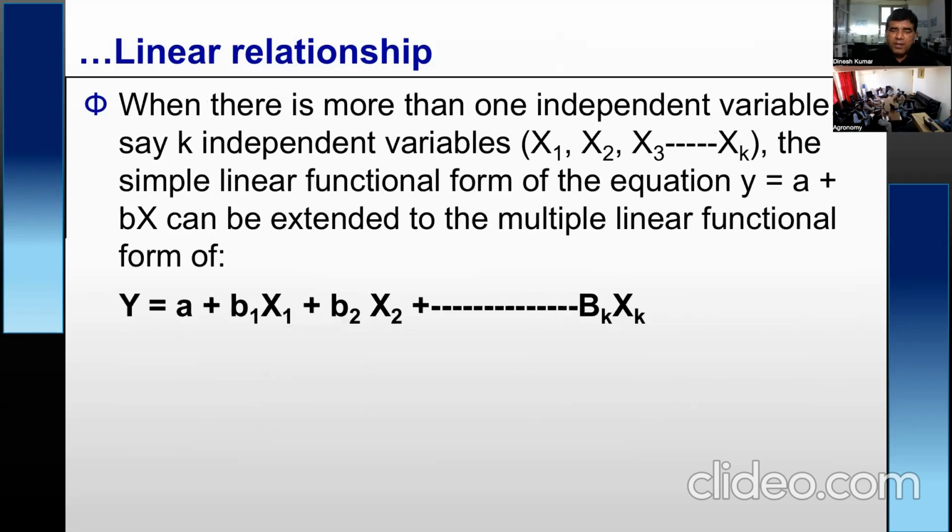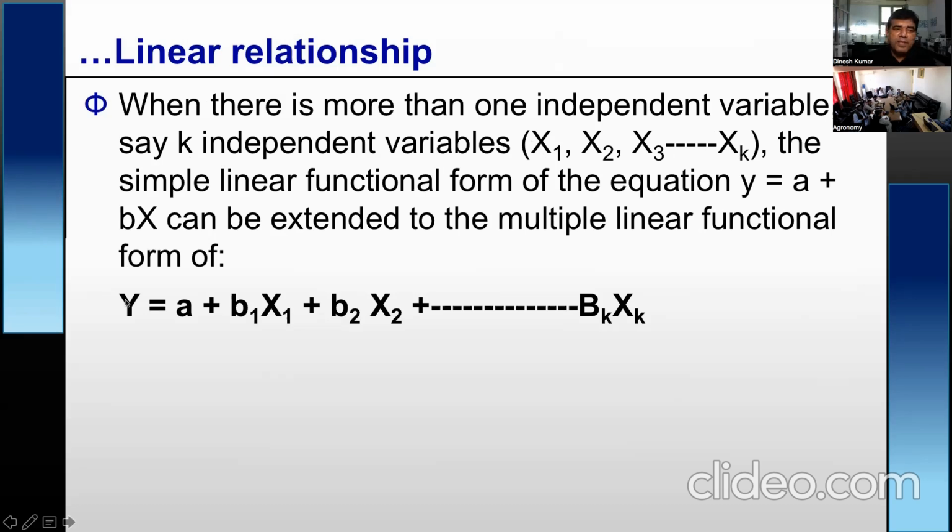So friends, in the last case, you have seen that it was a relation of only 2 variables, one independent and one dependent. But there can be a situation when there are many independent variables which affect one dependent variable. So many independent variables means k. K means many. So this could be x1, x2, x3.